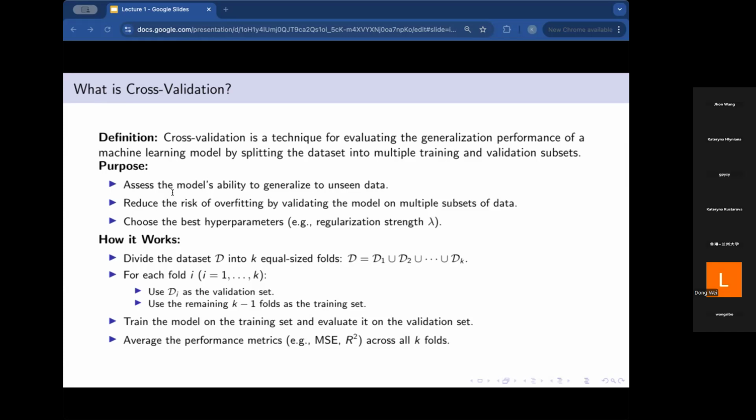At the end of this process, we calculate the average of the performance metrics, again MSE or R squared, across all folds. This gives a more reliable measure of how well the model will generalize to new data and helps us choose optimal settings, reducing the risk of overfitting.